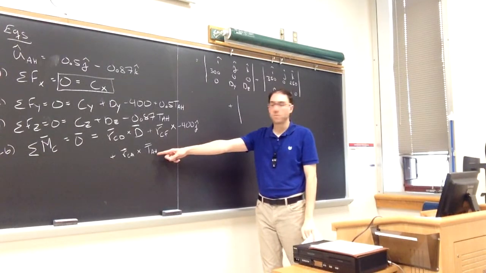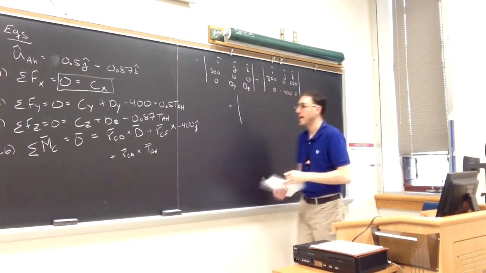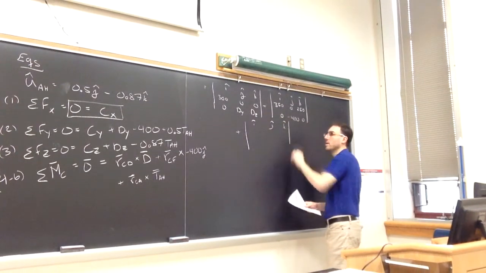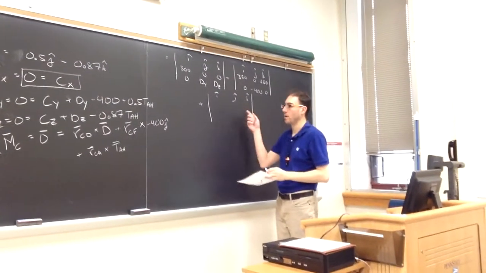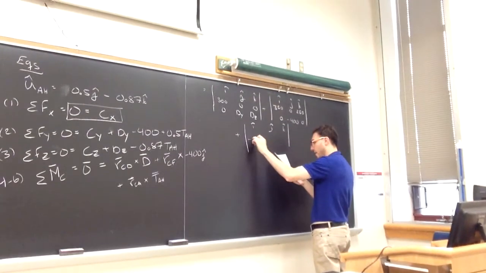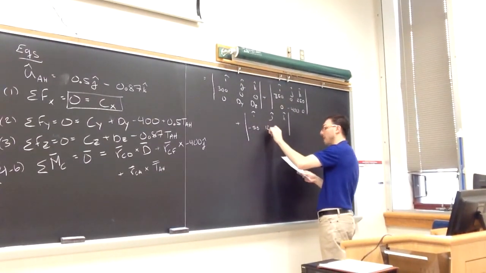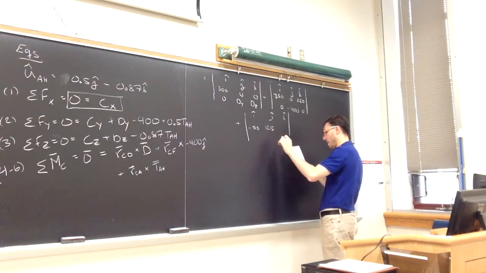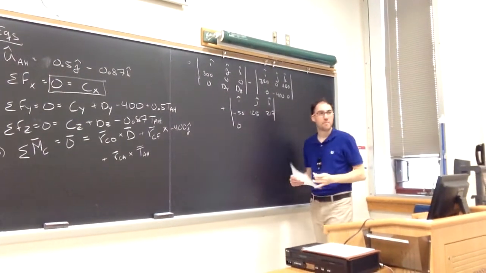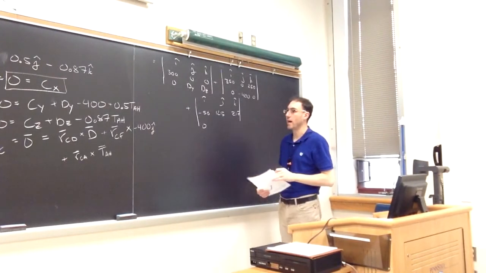Now here, at this point, I don't know the magnitude of TAH, so I can put it into my cross product with that unknown value. So I'll first have RCA, which will be negative 50, 125, 217. And now for my force row, I have to keep my unknown magnitude.